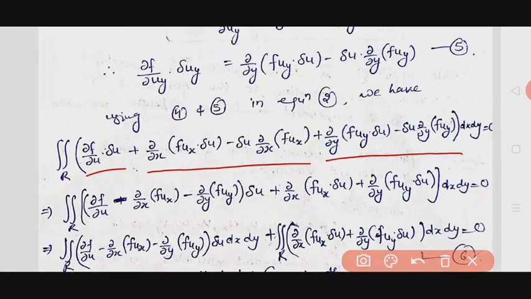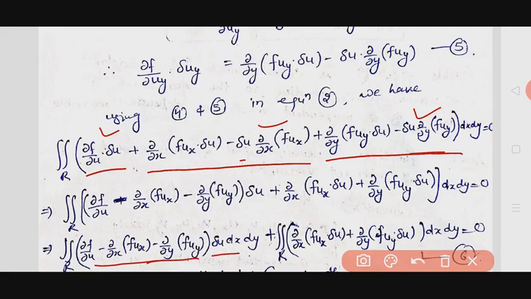When I consider all the things, you can say curl f by curl u minus, हमने जो value लेनी थी delta u एक इस term के साथ हो जाएगा, एक इस term के साथ और एक इस term के साथ. तो जो delta u वाली terms हैं उसको हम collect कर लेते हैं. Okay, so curl f by curl u minus curl f by curl ux into f of ux minus curl f by curl y of f of uy. Okay, and delta u is common, so it will be delta u into this one.